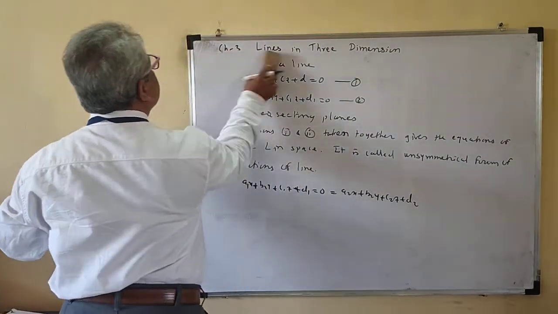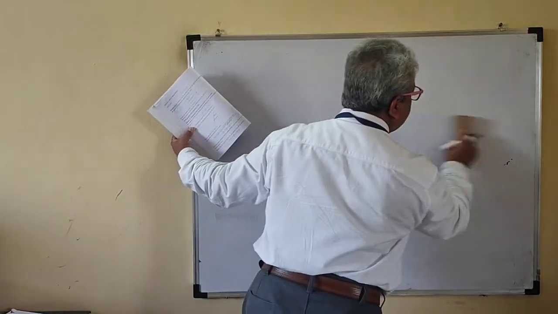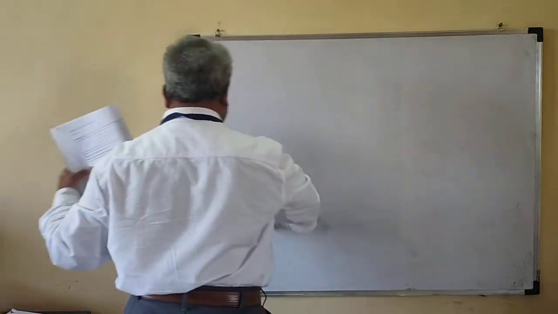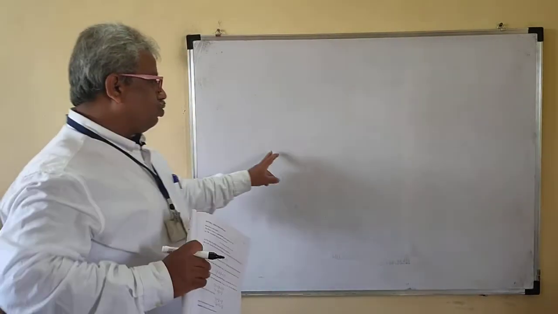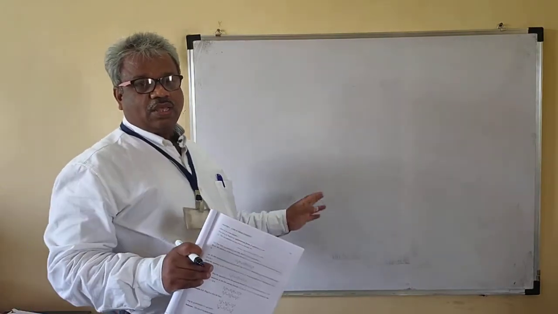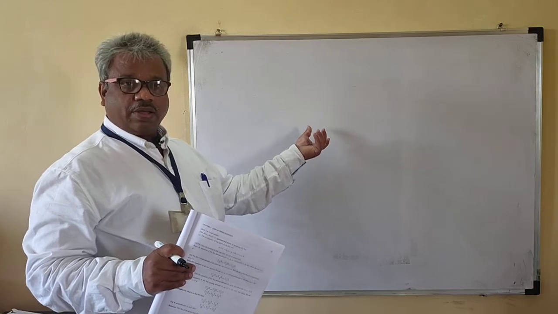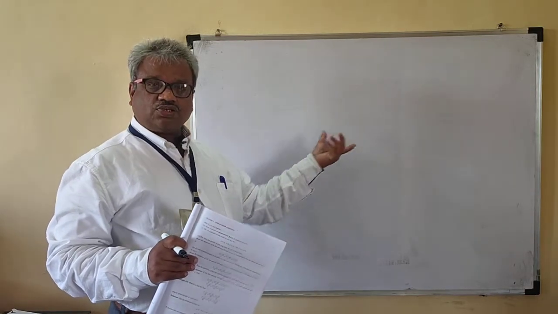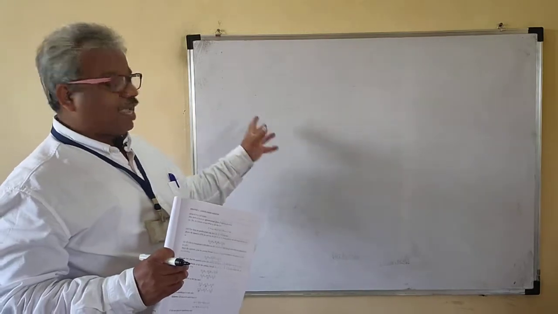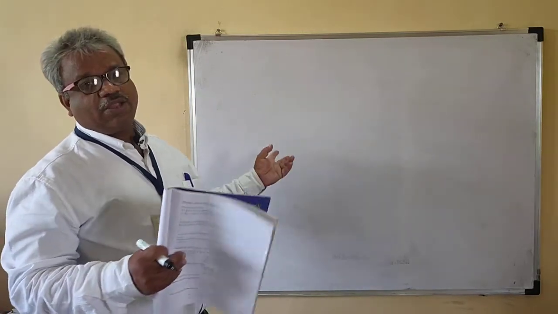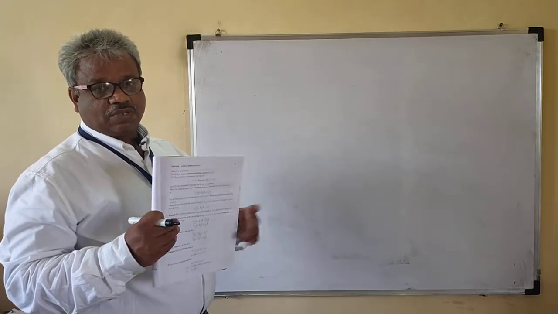Now we'll do the symmetrical form of the equations of the line. For a line, it has direction ratios or direction cosines. If you consider the two planes together, from that we will not get an idea of the direction ratios or direction cosines of the line. But if the line is in symmetrical form, easily you can find one point on the line and the direction ratios or the direction cosines of the line.